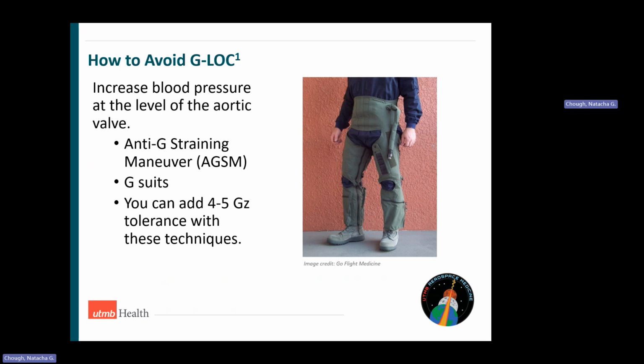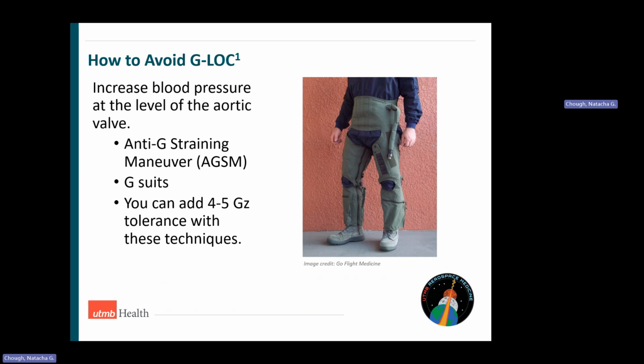Additionally, a G-suit can also be used to increase blood pressure at the level of the aortic valve. It's a garment worn by the aviator that has pneumatic pressure bladders inside of it, typically over the abdomen, thighs, and calves. Pressure to the bladders is increased as positive GZ maneuvers increase automatically. Peripheral total resistance and venous return are increased from the compression supplied by the bladders.